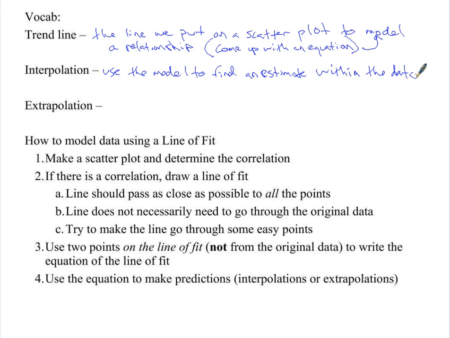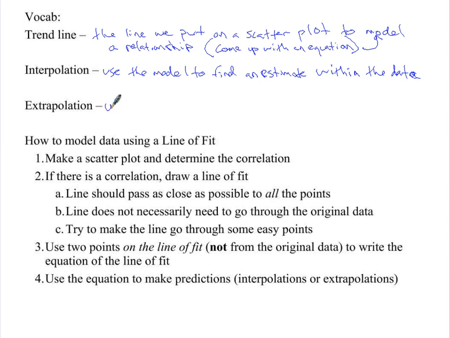So like I have a data set, and maybe that data set was the foot length and the height of everybody in the room. The smallest foot that we had was 20 centimeters, and the biggest foot was 30 centimeters, so somebody who falls in that data set would have a foot between 20 and 30 centimeters. That's using interpolation, because the extra piece of data or the estimate that we're trying to find falls within the data set that we already have.